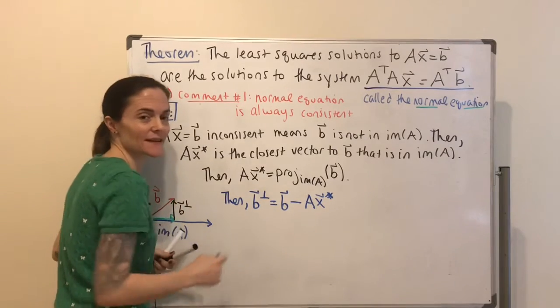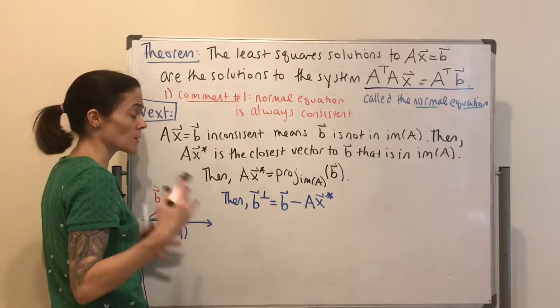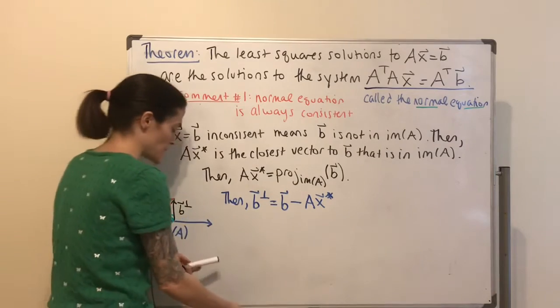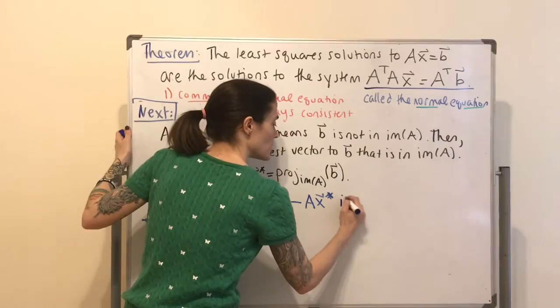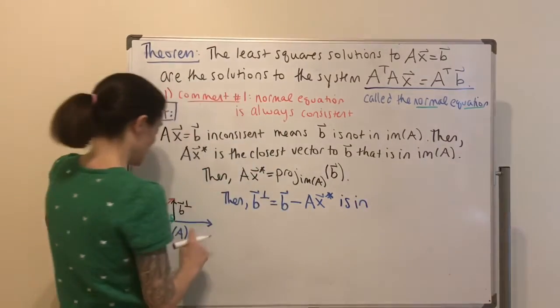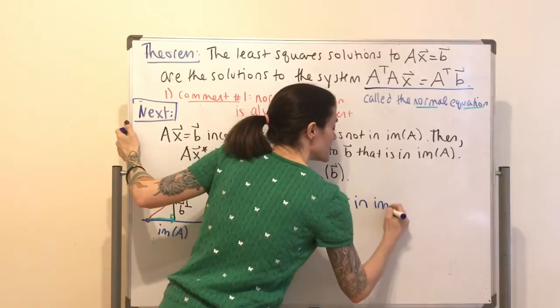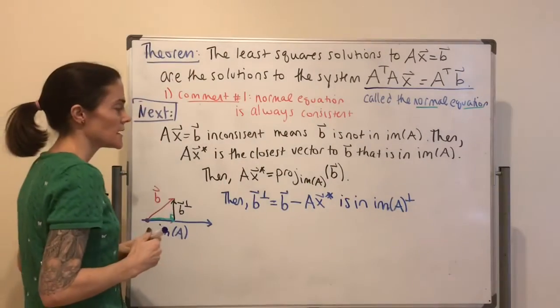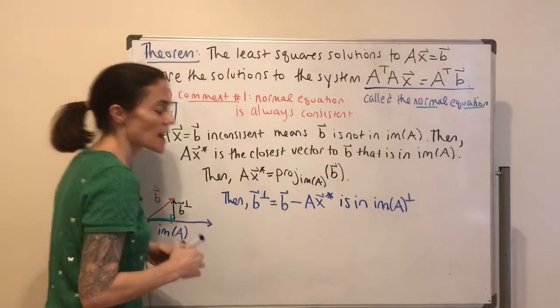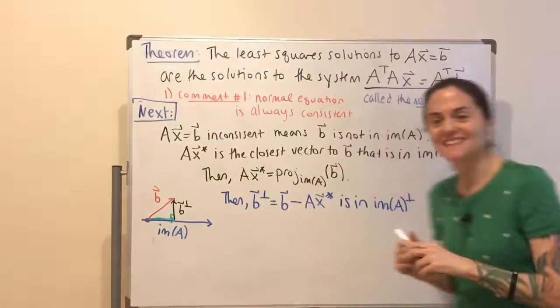This vector is perpendicular, or orthogonal, to the subspace, which means it is in the image of A perp, this orthogonal complement. But what's the orthogonal complement? This was our backup discussion.